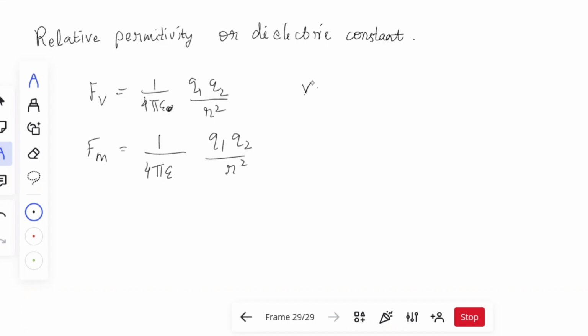So this is in vacuum and this is in a material medium.